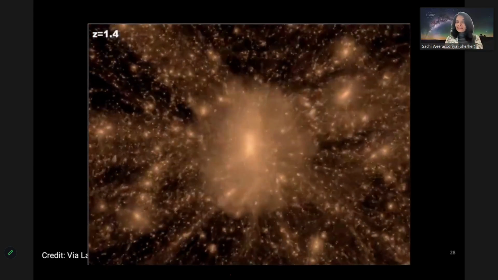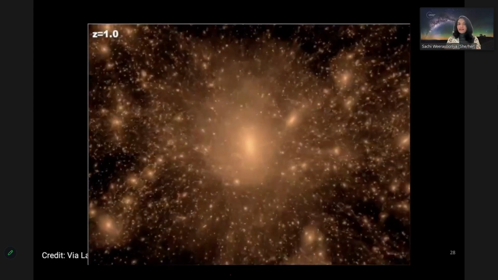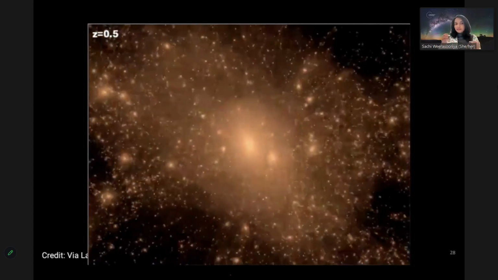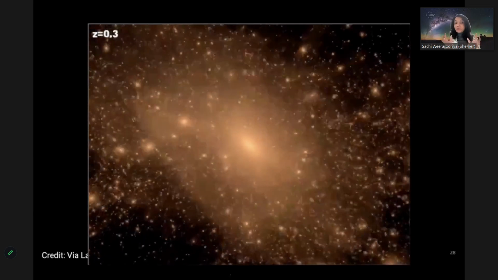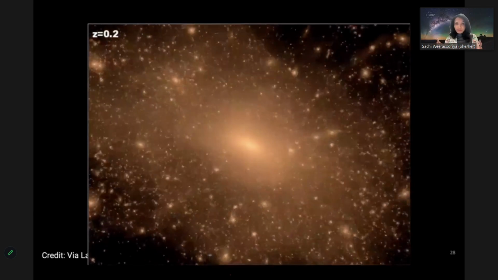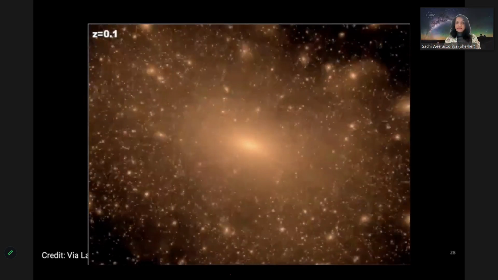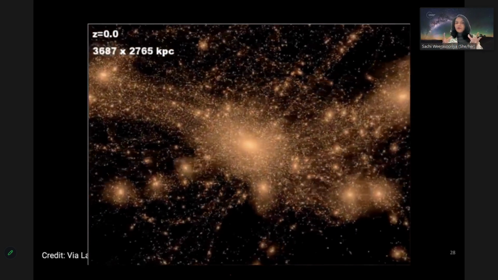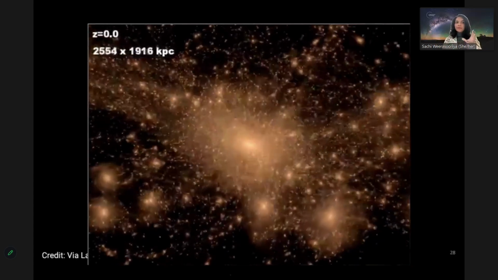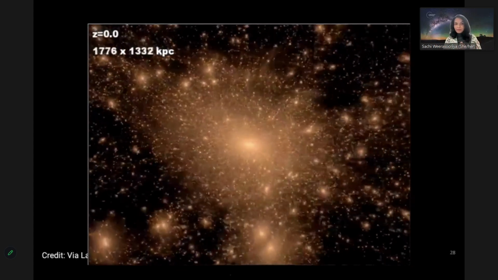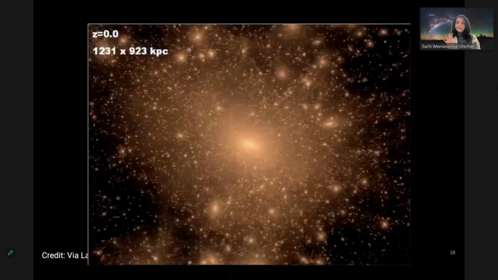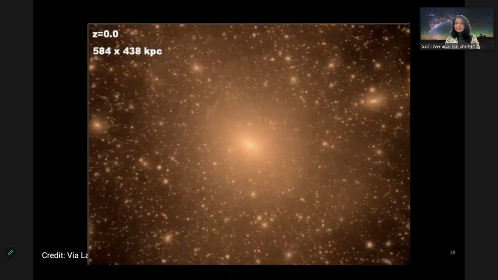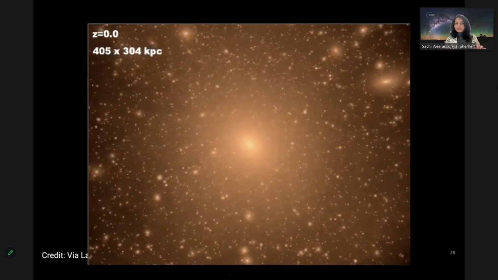So here you can see an N-body simulation of a Milky Way-like galaxy, or as we call it, a Milky Way analog. A simulation that has the same mass as the Milky Way and environment. So there are satellite galaxies that merge in to form larger galaxies in this simulation, and it forms this satellite system of the Milky Way. This N-body simulation contains information on the properties of dark matter halos, their velocities, masses, their sizes, and many other things.